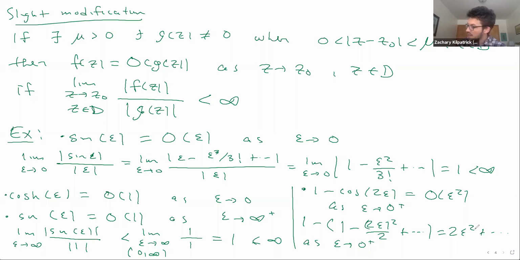And the point is that in this case, you have higher order terms, which are going to be higher order than epsilon squared, okay? And also the constant factor is irrelevant.